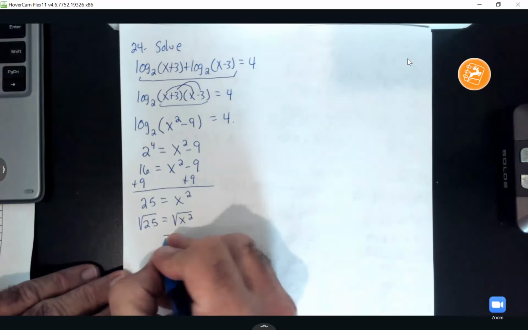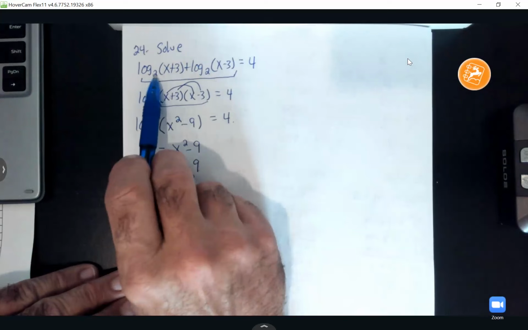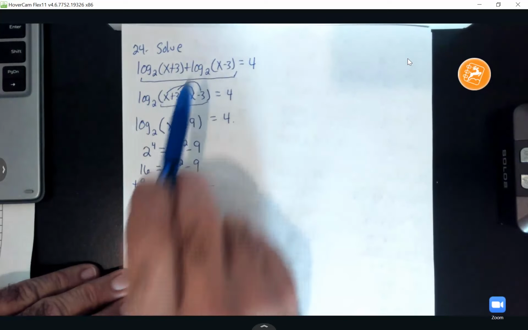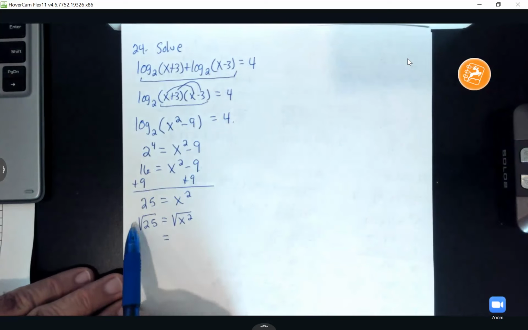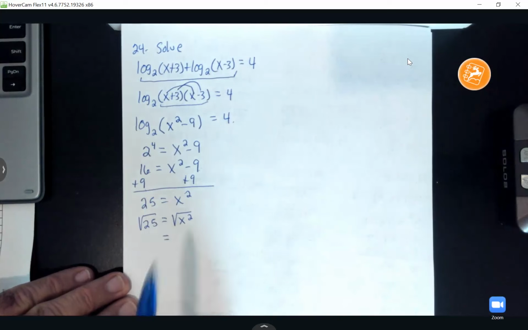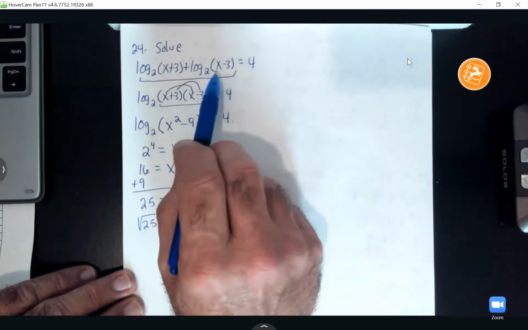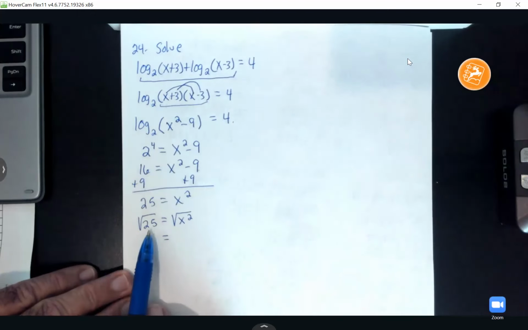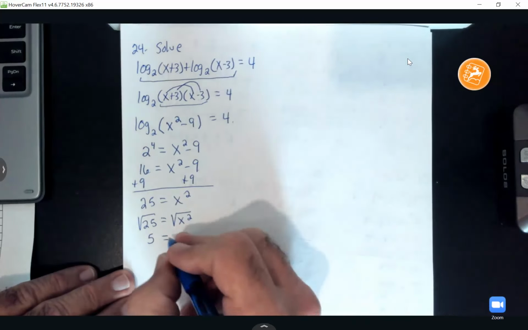So let's see. Now check this out. Since this is a log equation, I don't even care about the negative square roots of this. Remember, we were using plus or minuses on square roots. Well, on this one, I don't care about that minus because I know I can't take a negative answer. So the only number I'm worried about on that square root of 25 is a 5.